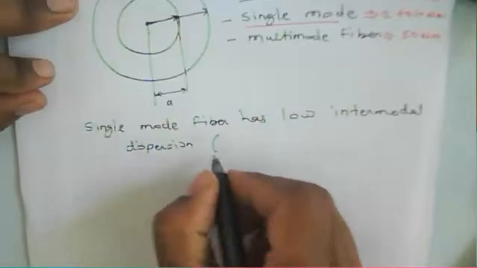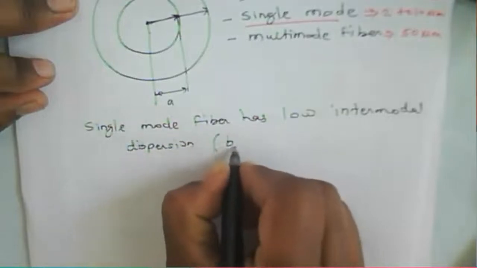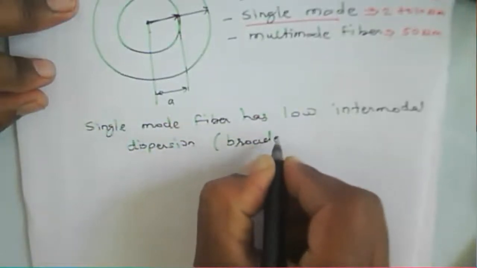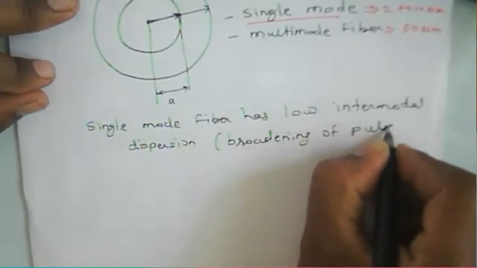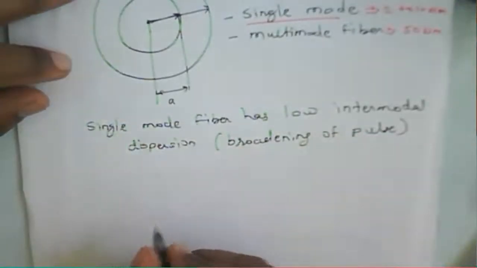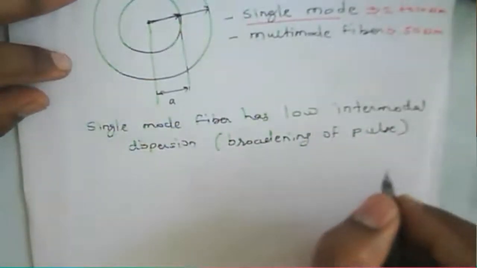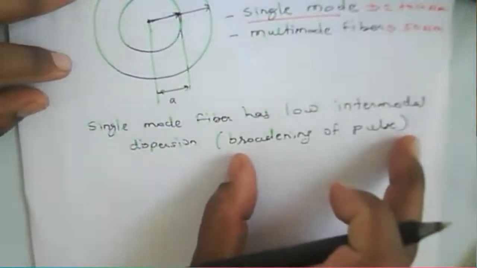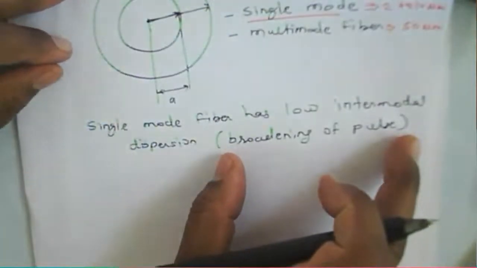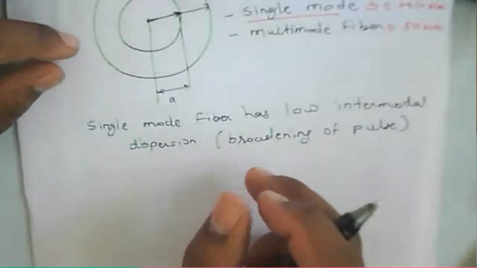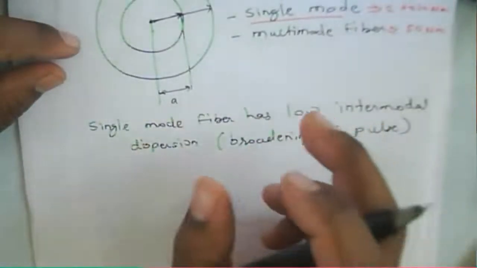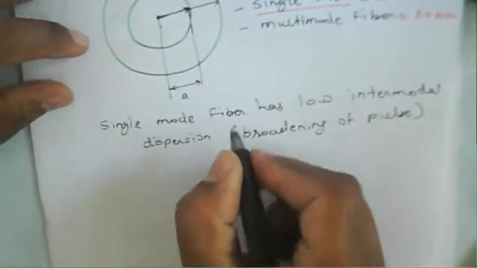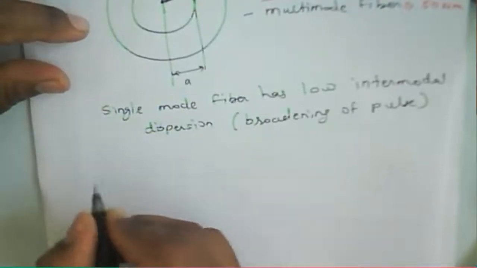In a single mode fiber, the broadening of the transmitted pulse is small here. But in the case of a multimode fiber, the broadening of a pulse will be large. So we'll see what happens with the multimode fiber.